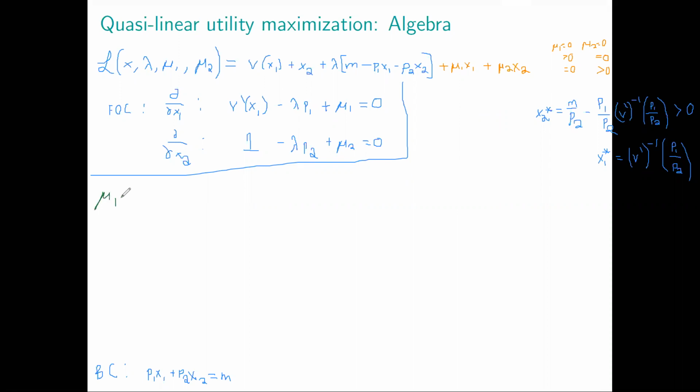So this is going to be mu1 greater than 0, and mu2 equals 0. So this tells us that x1 star is equal to 0, and x2 star then, by plugging this into the budget constraint, we get that x2 star is just equal to m over p2.